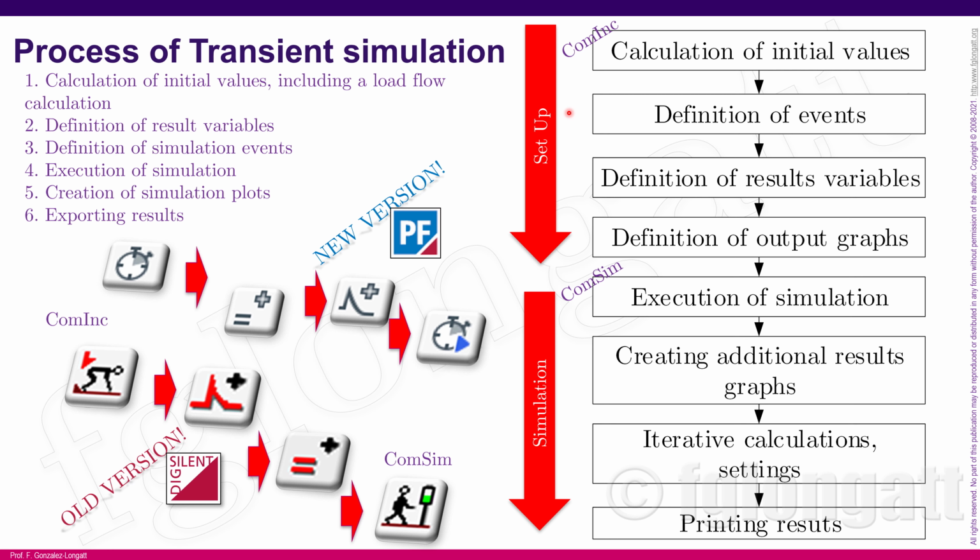I will tell you something. Here I use the icons. You can see 4 important icons that are located inside Power Factory. One important icon is the initial condition command. Then we have a command for defining the events, defining the results, and then you will run the simulation.